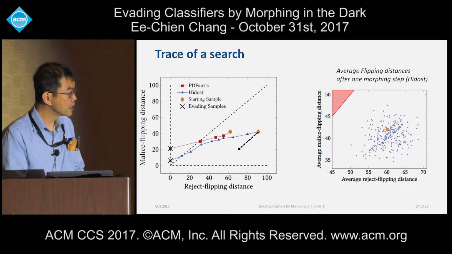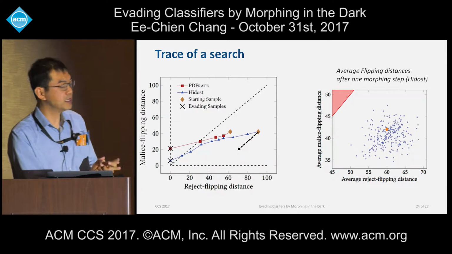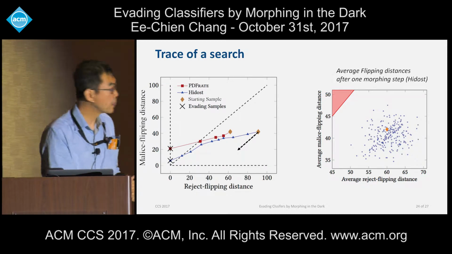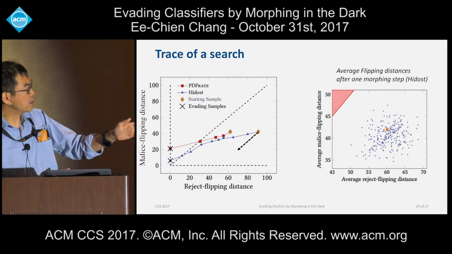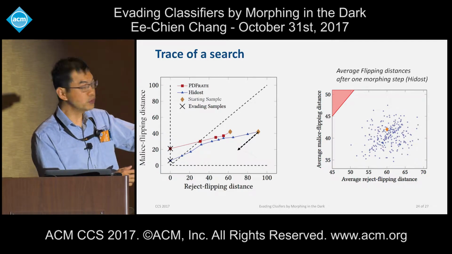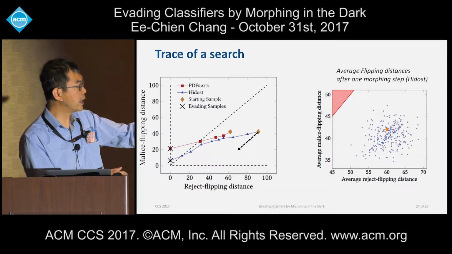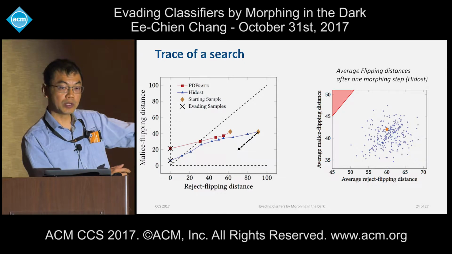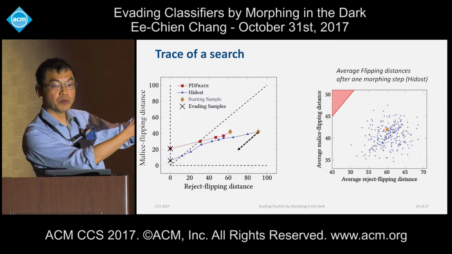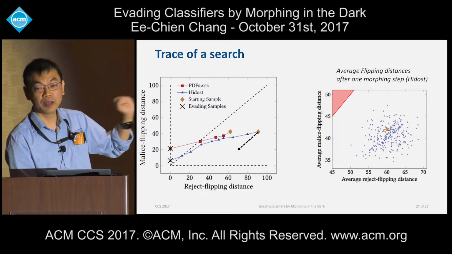You can see that the distribution of the average changes of the flipping distance roughly follows a Gaussian distribution. Now, if we go back to the left side, we ask ourselves: what if we do a random walk from the starting samples, how will it behave? We expect a random walk based on the distribution on the right side, with a bias, a tendency of moving along the black arrow.